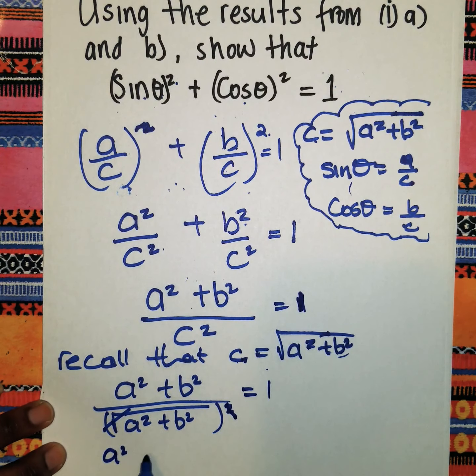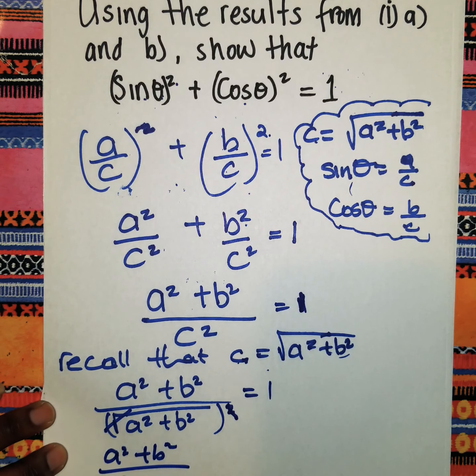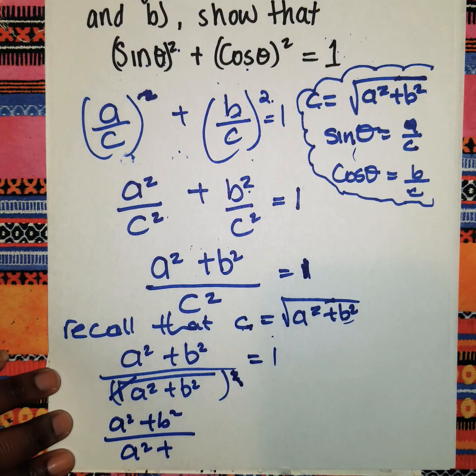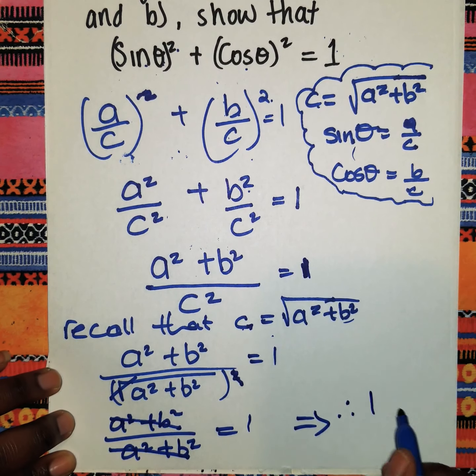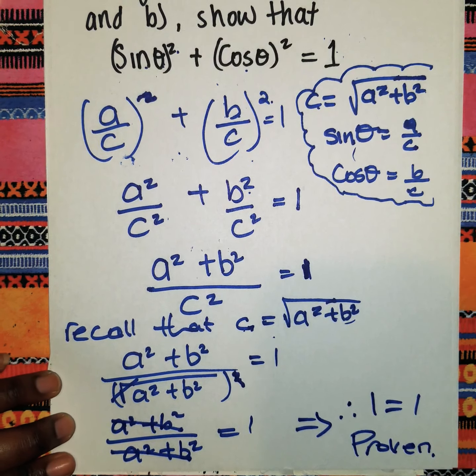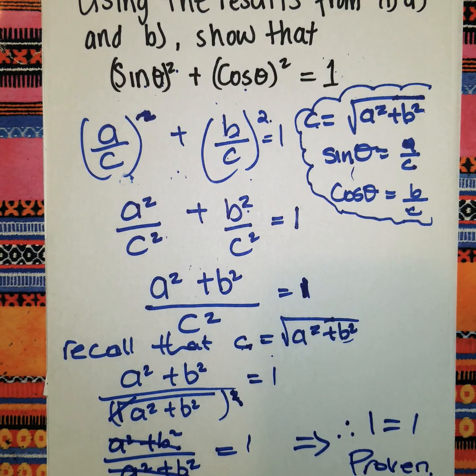So we have A squared plus B squared all over A squared plus B squared, and that's equal to 1. This will cancel this. Therefore, 1 is equal to 1, and it's proven. Okay? So there we are for this question.